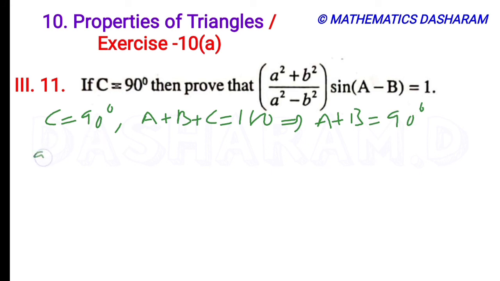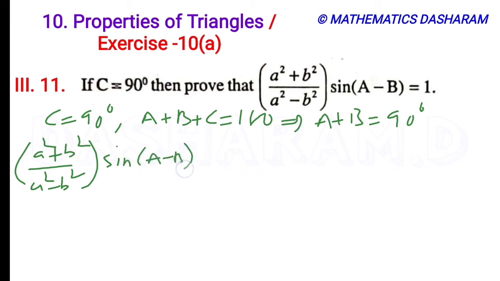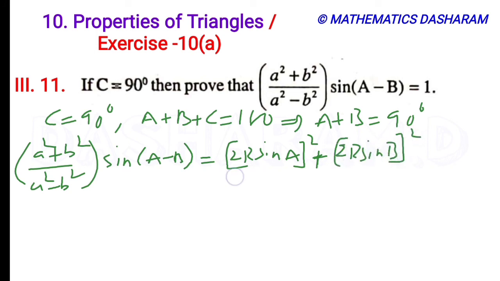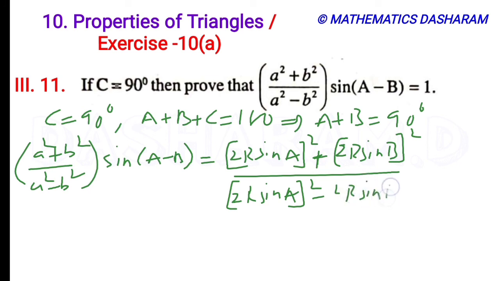Now take the LHS: (A² + B²)/(A² − B²) × sin(A − B). From the sine rule, A = 2R sin A, so (2R sin A)² + (2R sin B)², divided by (2R sin A)² − (2R sin B)², into sin(A − B).